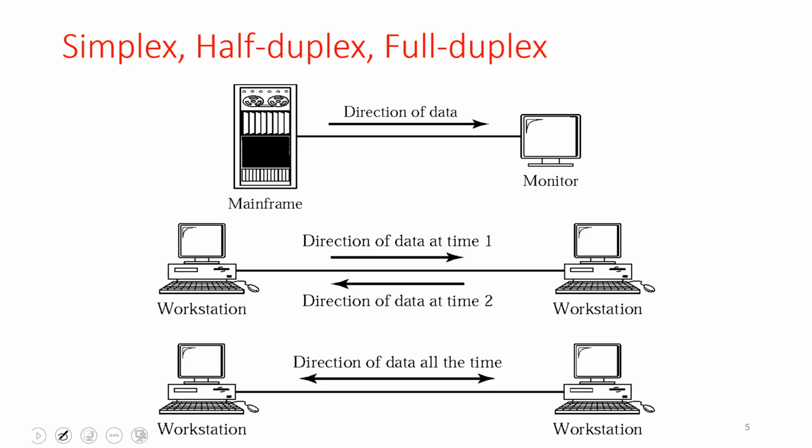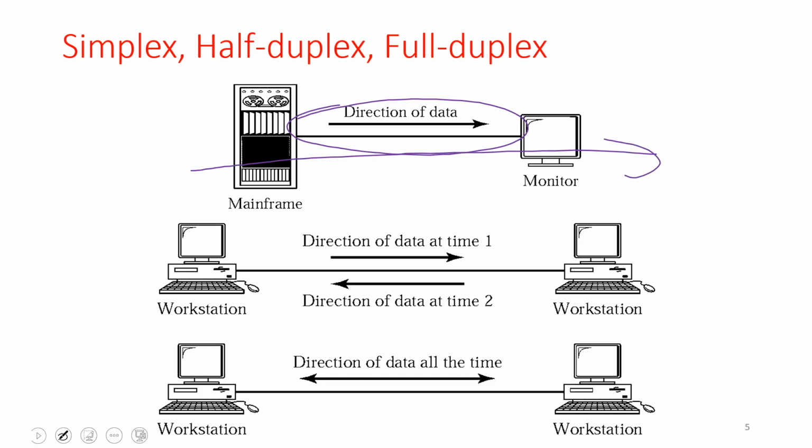So here, in terms of the directionality, what we can have is simplex, half duplex or full duplex. So when we say simplex, it is basically that the communication medium is only able to send data in one direction and not the other way around.